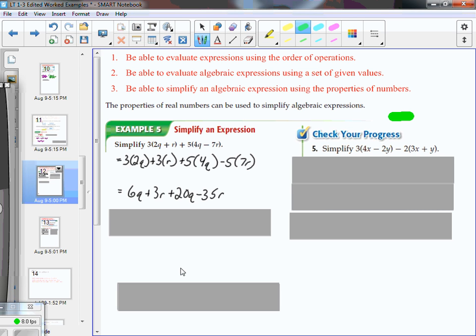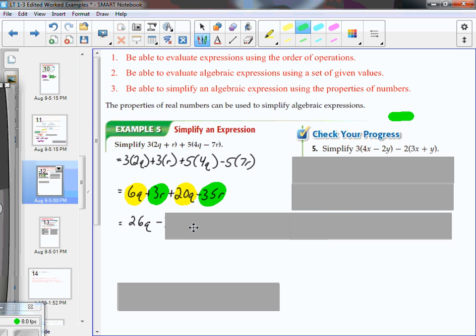Keep the positive ones positive, the negative ones negative. Now, there are some like terms. That's a q term, that's a q term. I can add them together. That's an r term, that's an r term. I can add them together. So 6q plus 20q is 26q. 3r minus 35r is negative 32r.